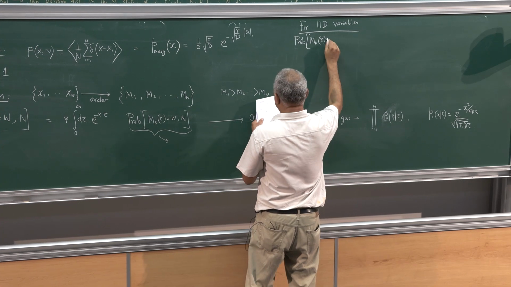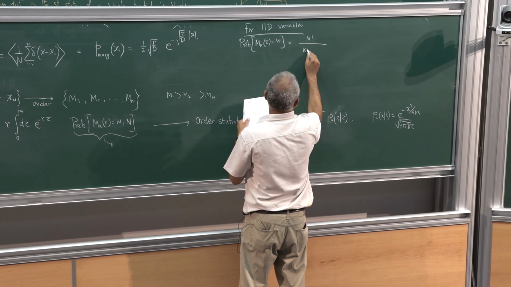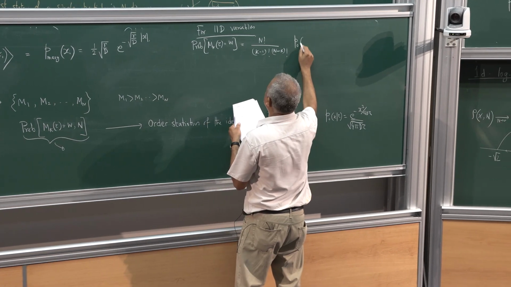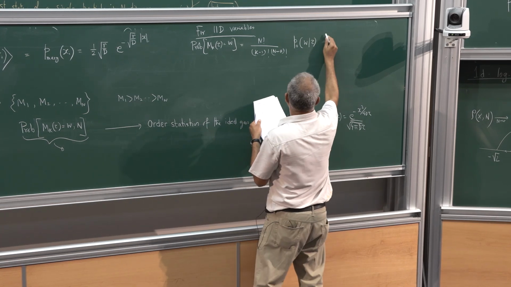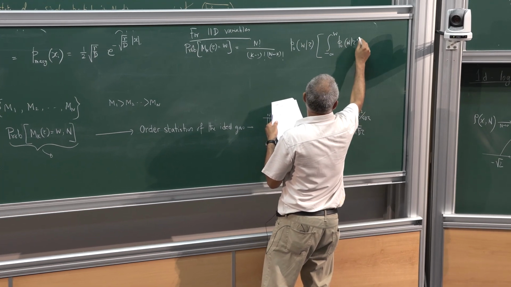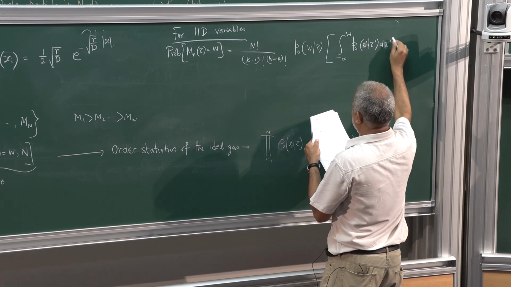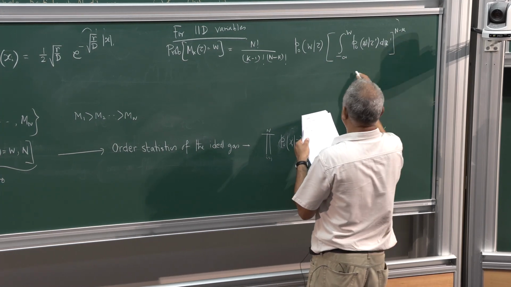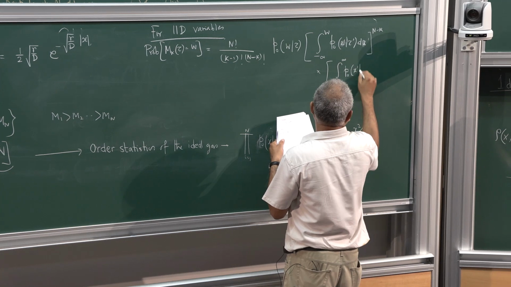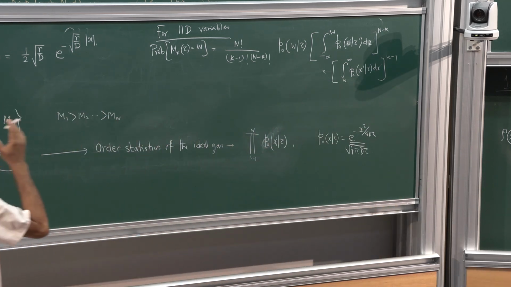So tau is a parameter here. So this is just n factorial by k minus 1 factorial n minus k factorial times P0 of W tau times... and this was just a very simple thing, it's just IID variables.